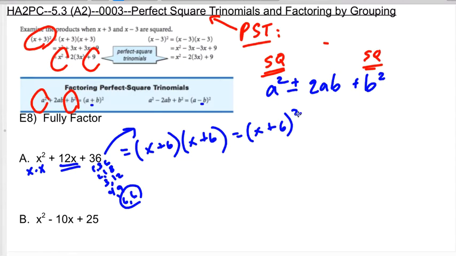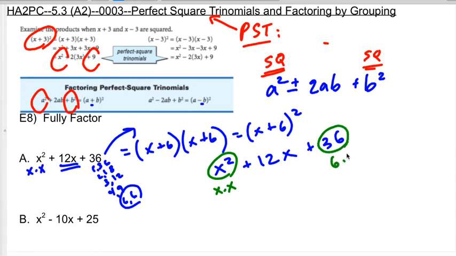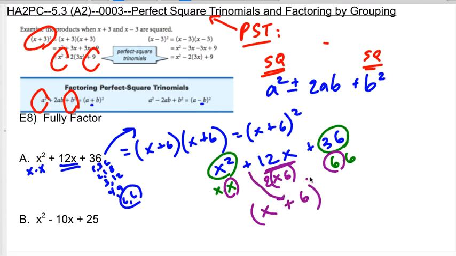There's nothing wrong with doing it the old school way, actually factoring it however you choose. But if you notice that in x squared plus 12x plus 36, this is a perfect square, it's x times x, and this is a perfect square, it's 6 times 6, and this guy right here is conveniently double of this product, it's 2 times the x times the 6, or 2 times 6x, then you can say, oh, okay, cool, this is an x and a 6, I keep the sign, the whole thing squared.